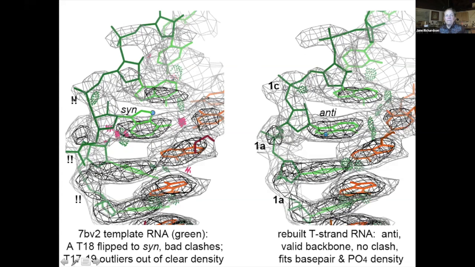And then they have these, we call bang bangs. Our backbone conformers for RNA are number letter code, and exclamation points mean that it's an outlier. And when it's rebuilt, you get named conformers, and this is really a pretty good A form.